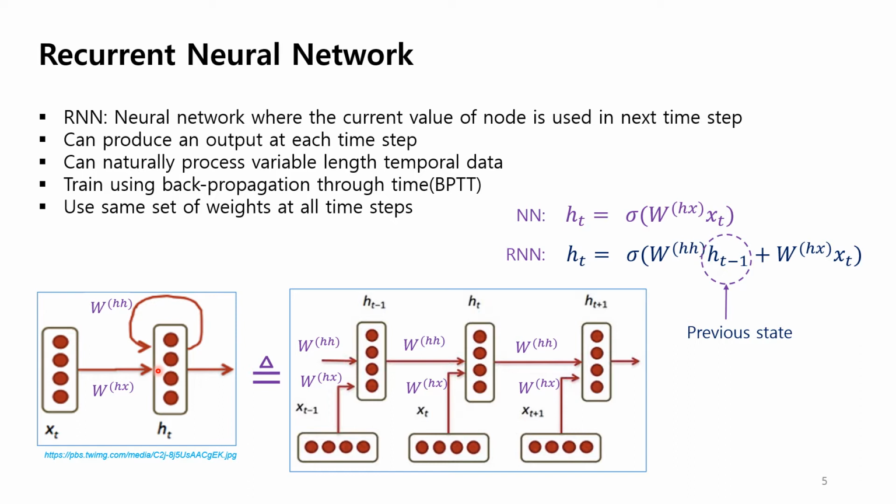The second difference is weight sharing. We have two sets of weights in RNN. This is the weight between the input layer and the hidden layer, and this is the weight between the value of the previous state and the current state.